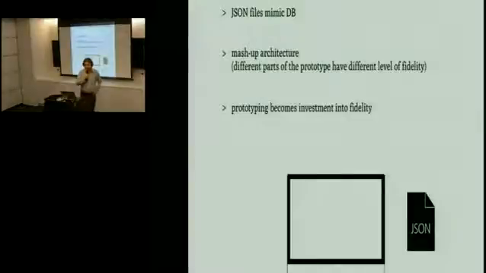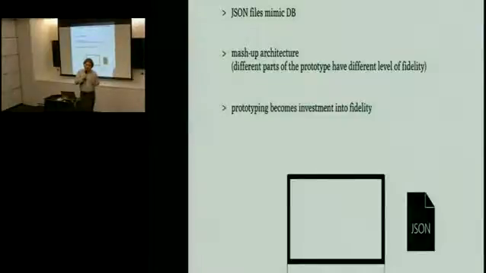Later we start to use a lot of JSON files that mimic a database for us, and we also practice mashup architecture. So if you imagine a prototype, we create a solution that has a critical path, and there is a priority of the things that we have to prove as user experience concepts.